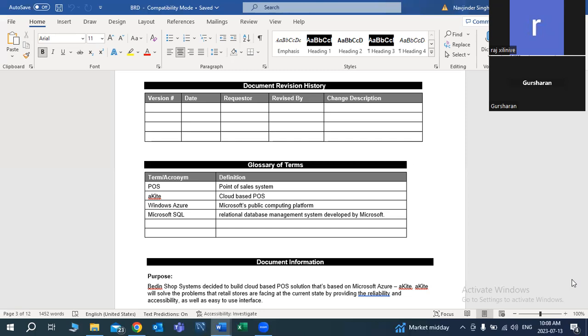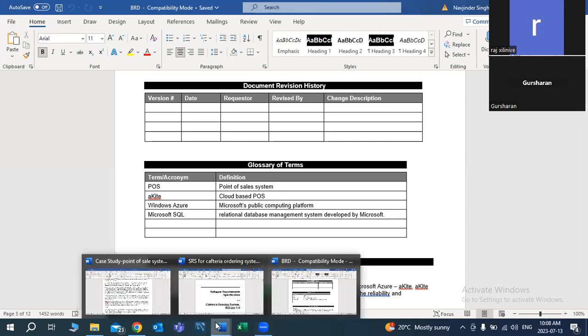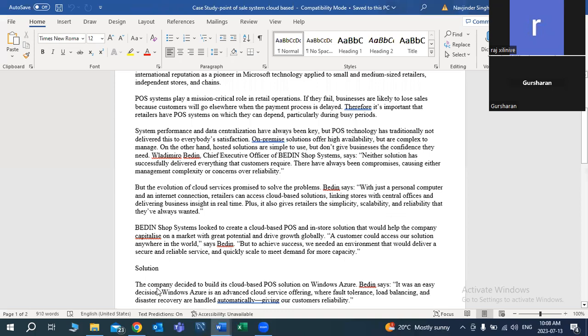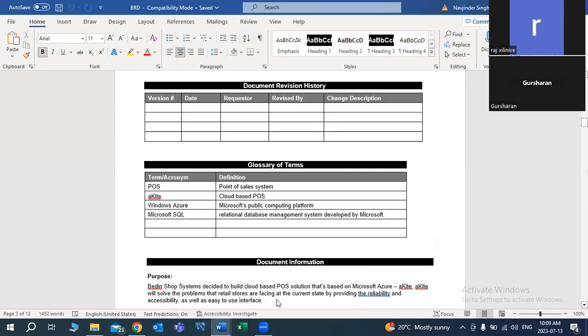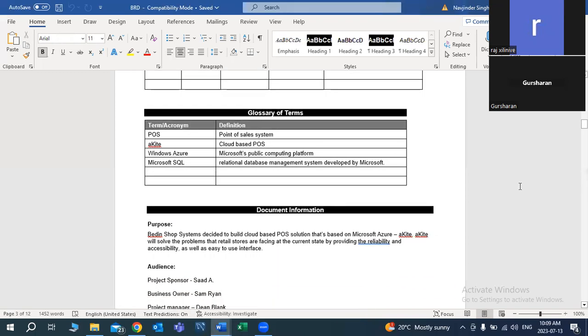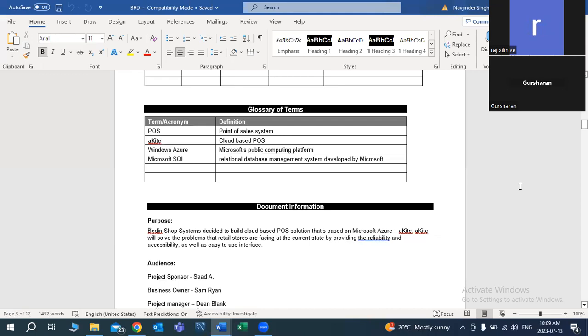Second, the glossary of terms. Glossary of terms means whatever terminologies we are using in the project. Our case study is a cloud-based point of sale system, which is a retail application, so there will be different documents and different terminologies.